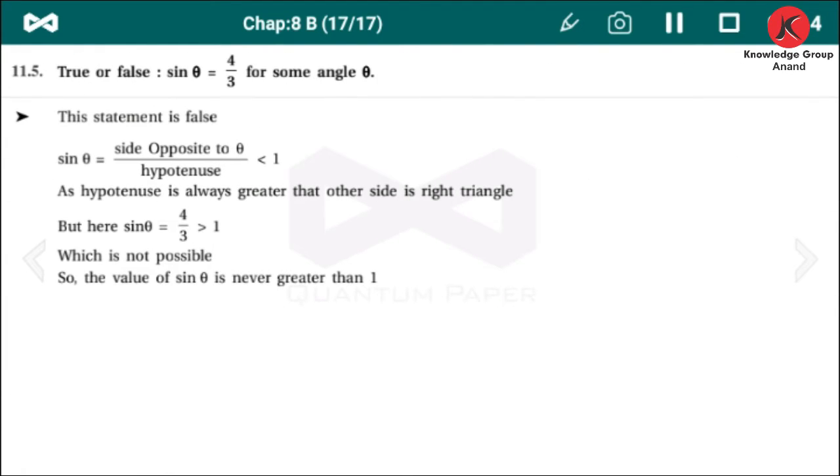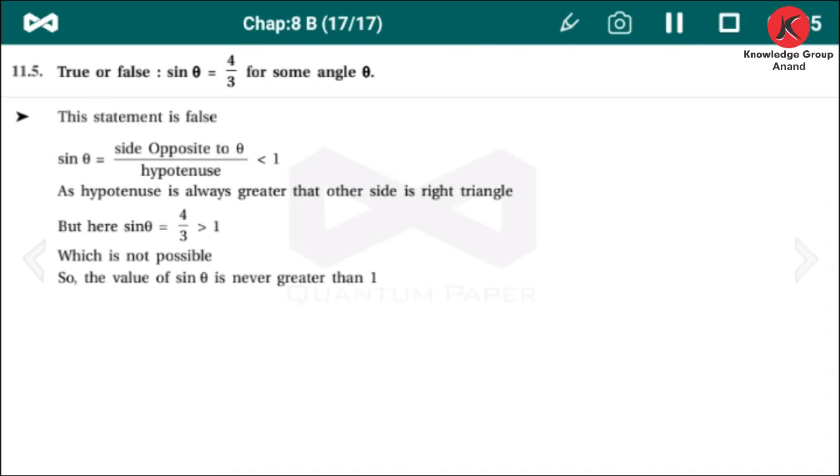Number 5. Sin theta is equal to 4 by 3 for some angle theta. We know that sin theta is equal to opposite upon hypotenuse. In a triangle, the hypotenuse is always the greatest side.